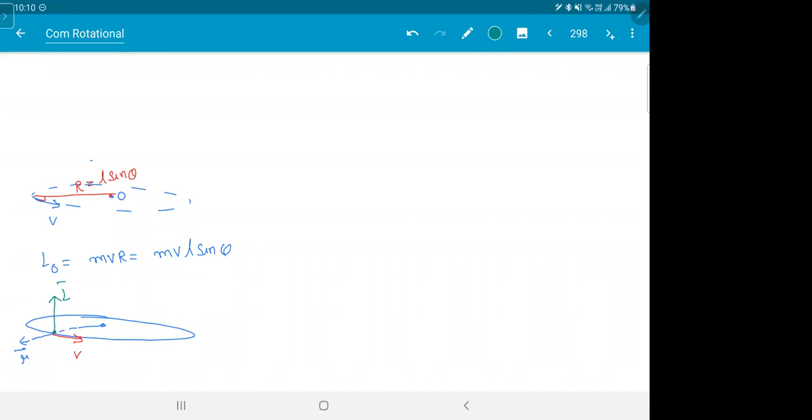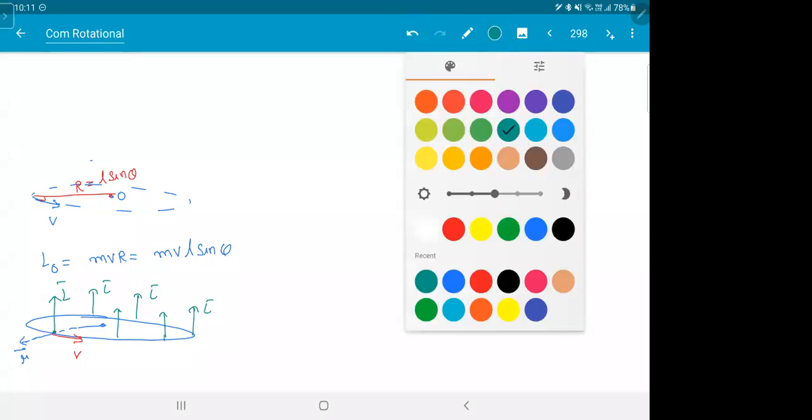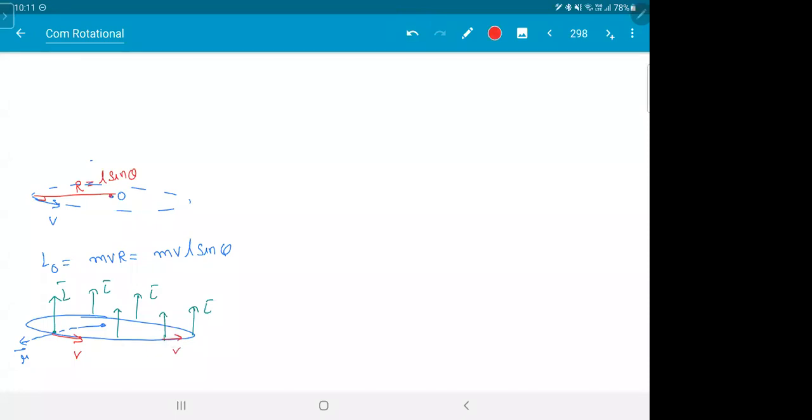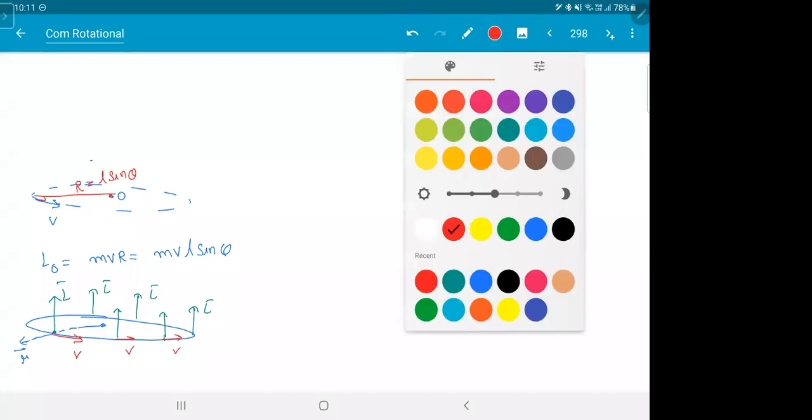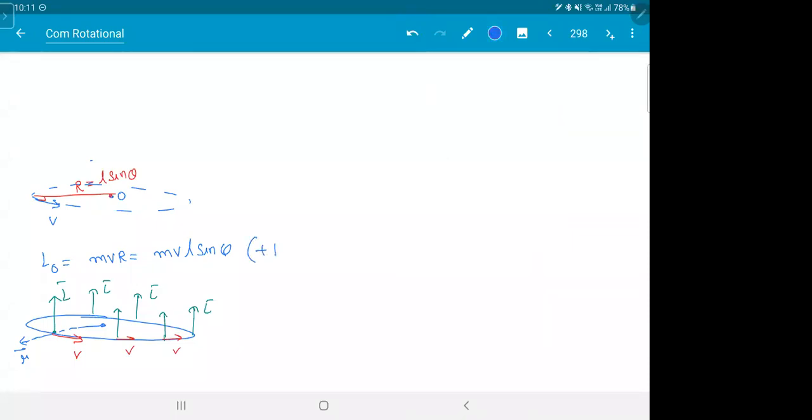Cross product, no? Meaning L bar will be like this. Hope you're able to visualize how it is. This is the velocity. So at every point V is changing, so L bar will be rotating like this, but direction is pointing upwards. K cap.